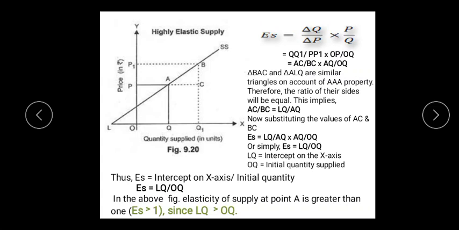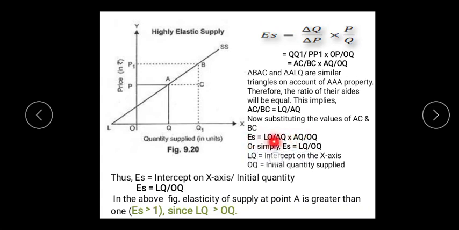Now substituting LQ divided by AQ for AC divided by BC in this equation, we get elasticity of supply is equal to LQ divided by AQ into AQ divided by OQ. Here, instead of AC divided by BC, we write LQ divided by AQ.